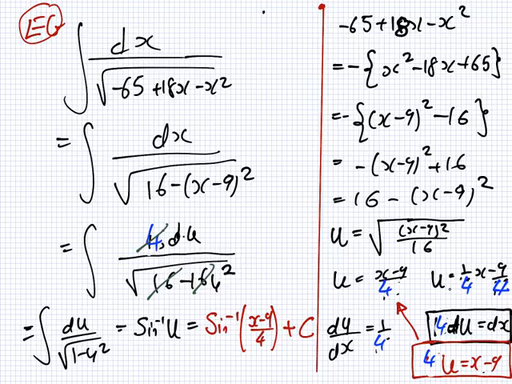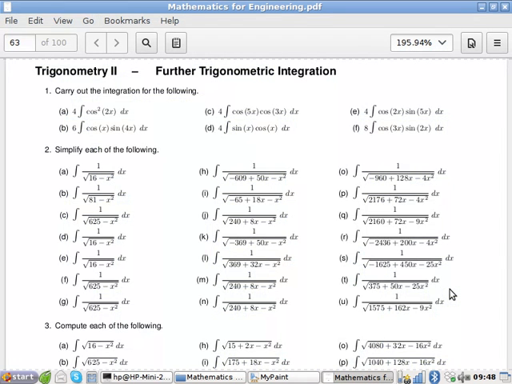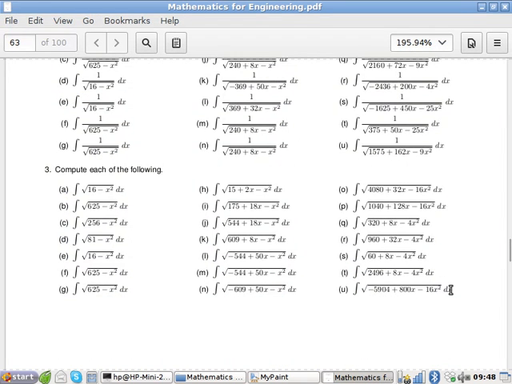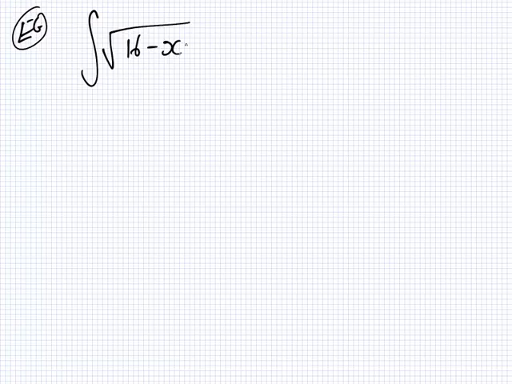Okay. Let's have a look at the next one. Right, so the next one is going to be, we'll do this one here. Integrate root 16 minus x squared dx.